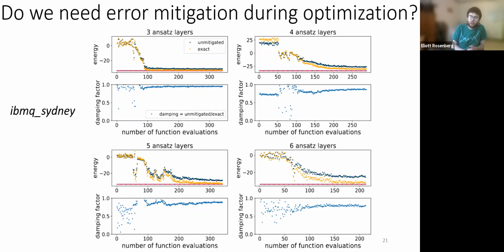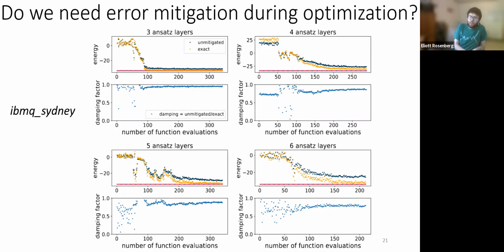So the blue dots that you see are the actual output of the quantum computer. That's what we're feeding into the optimizer. The yellow dots are the exact evaluations of those same circuits, and you can see that they're approaching the minimum. And the exact minimum is also shown.